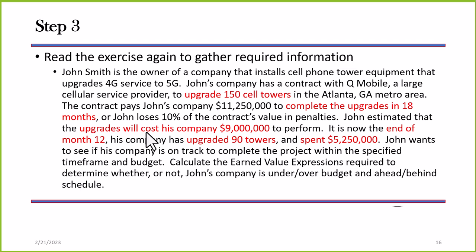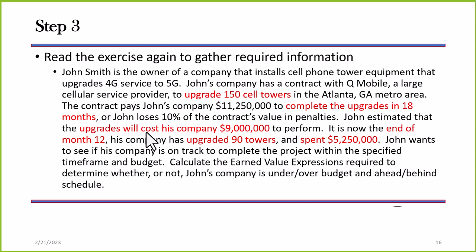So here it is. I'm going to upgrade 150 cell towers. I'm going to complete the upgrade in 18 months. And the upgrades are going to cost $9 million. It's the end of 12 months. And we've upgraded 90 towers, and we've spent $5.25 million.